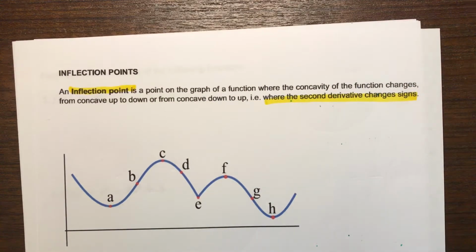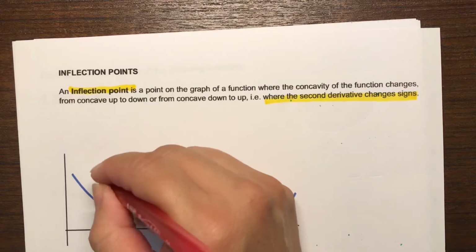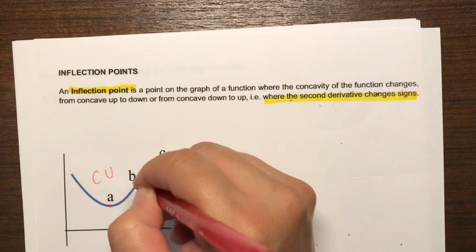Okay, so which ones in this list of points here, which I'm bringing back again from 2.1, it's the same graph. Which ones do you think are inflection points? Where does the concavity change? Well, it looks to me, first of all, that the graph is concave up here, up to this point.